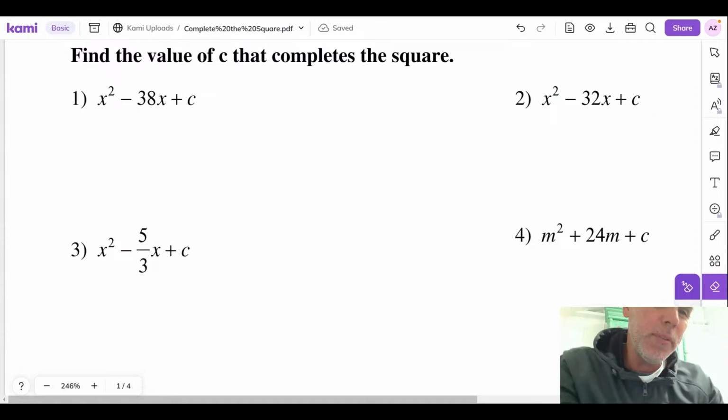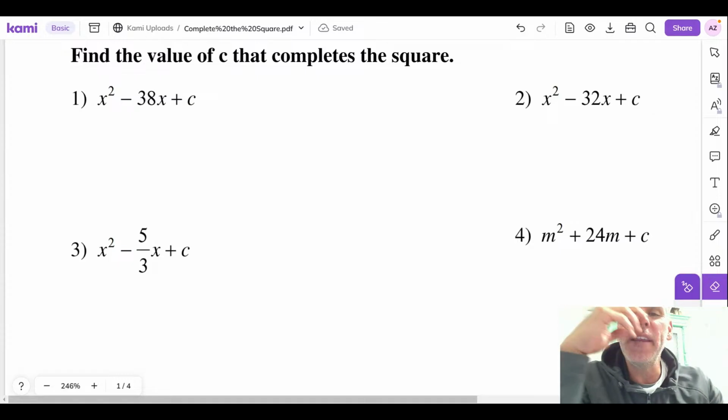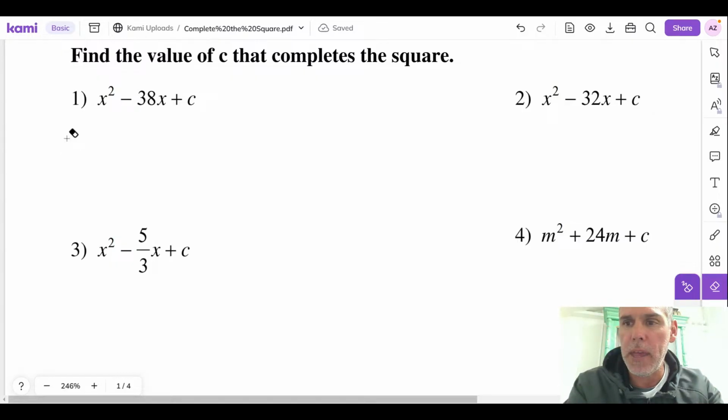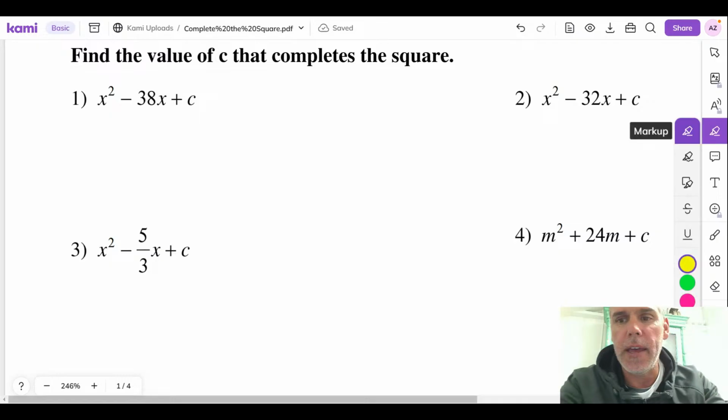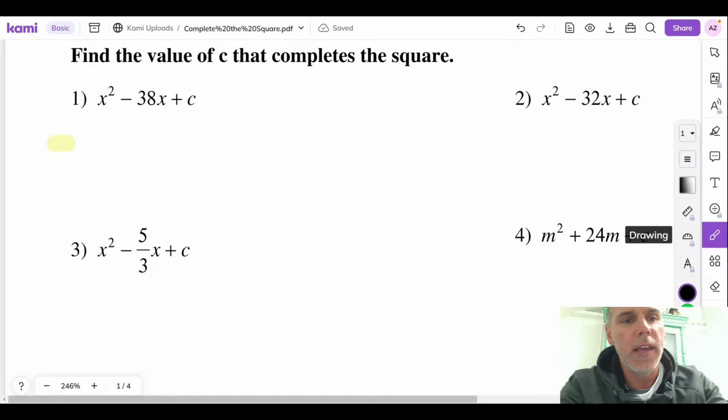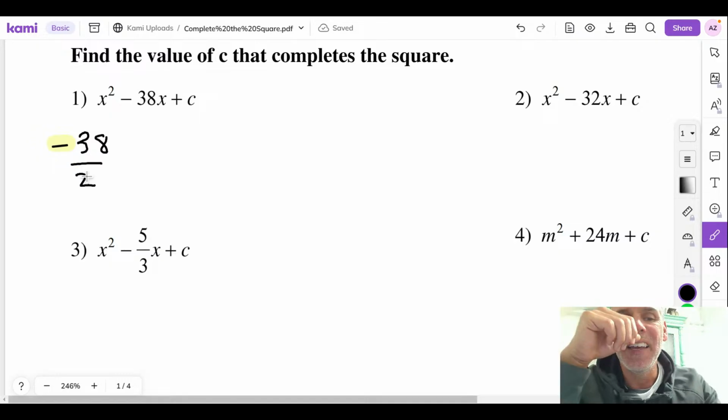So we're going to be completing the square. In completing the square, we're really just finding the C that completes that square. What we do is we take half of the middle term. The middle term in this case is negative 38, and then divided by 2, and then we have to square this.